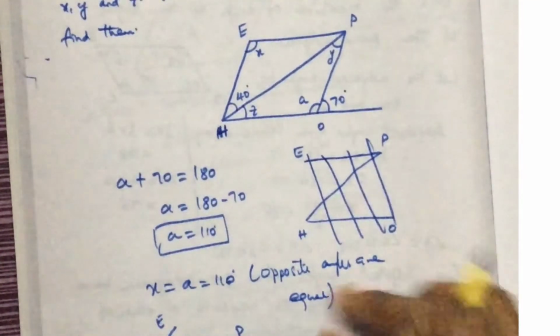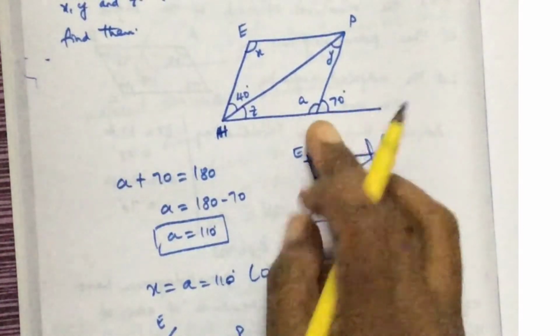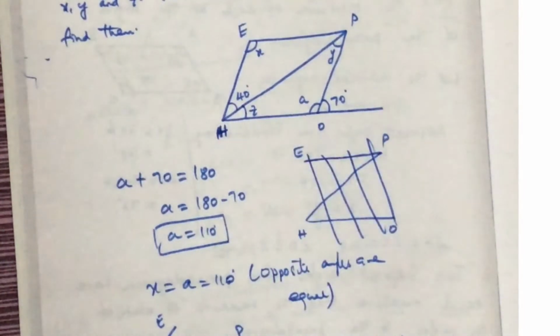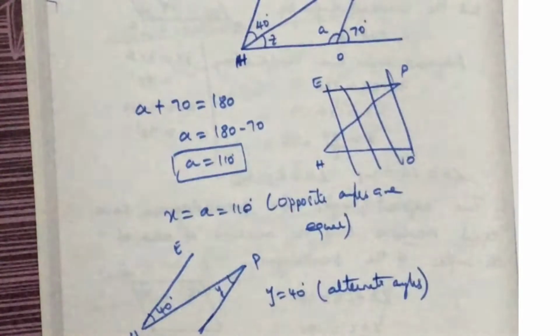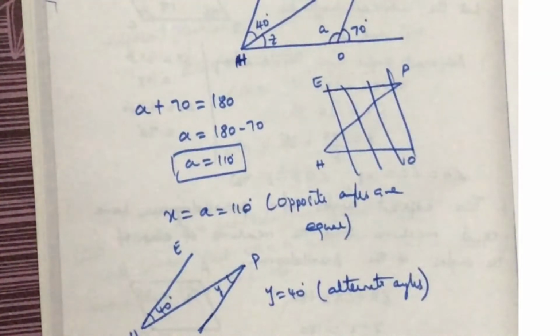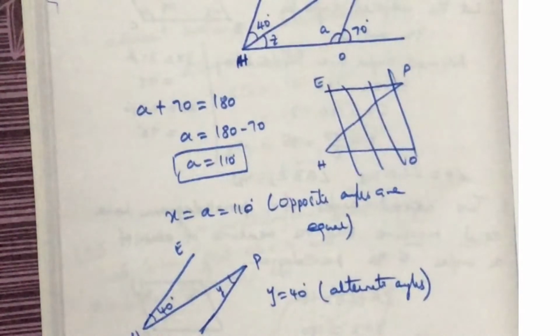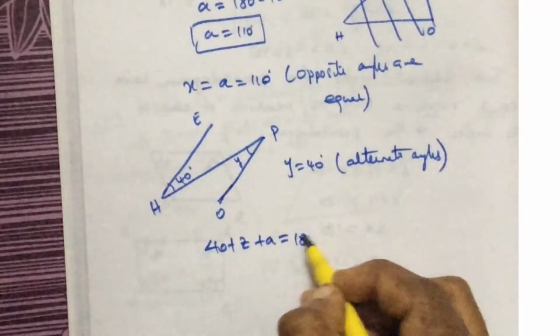If you see here, these are corresponding angles. We can try it in two methods. First, 40 plus Z is one angle, and 40 plus Z plus A together should give 180.